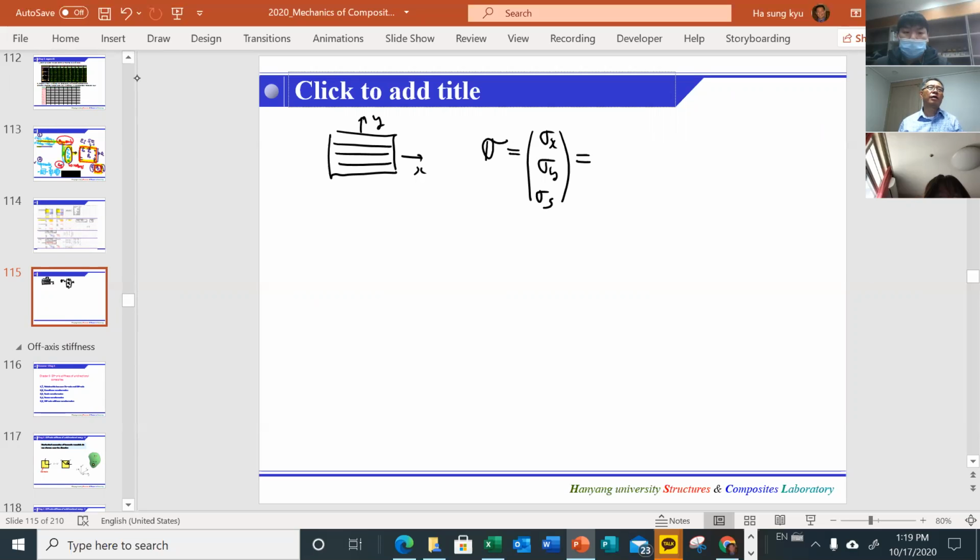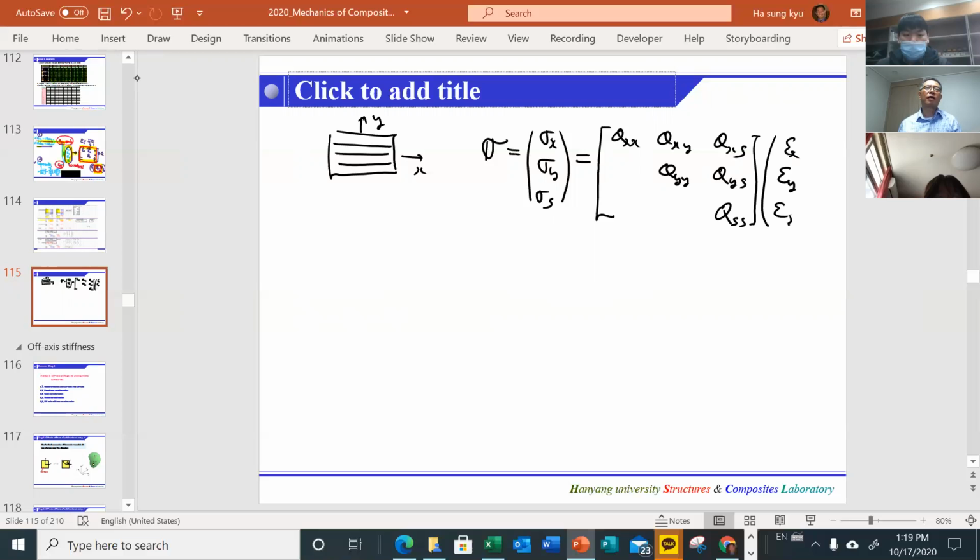Now this is given as Qxx, Qxy, Qxs, and Qyy, Qys, and Qss, multiplied by epsilon x, epsilon y, and epsilon s.